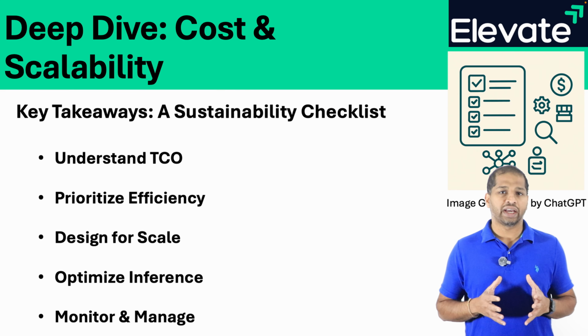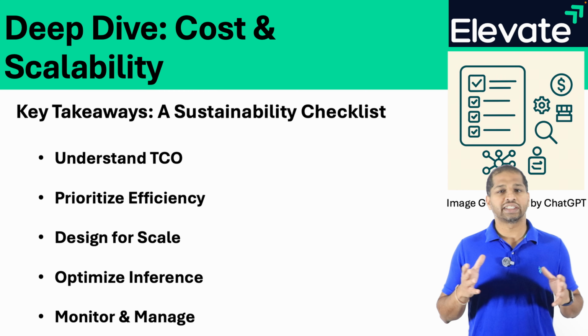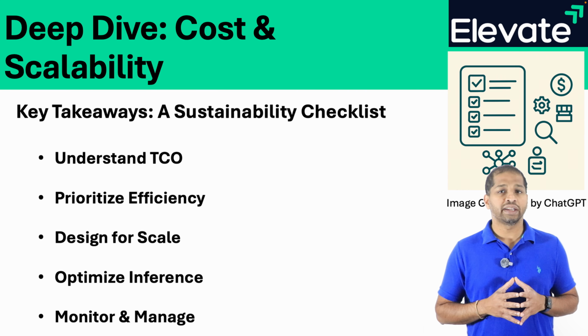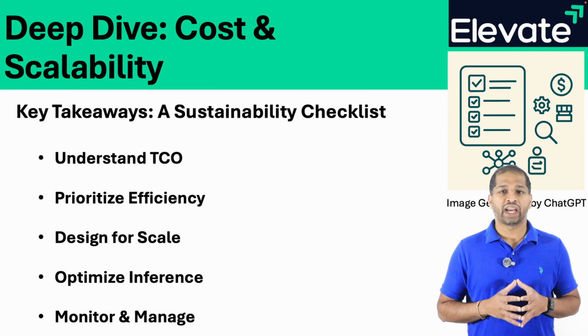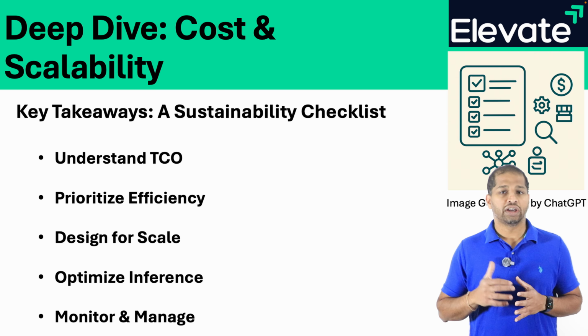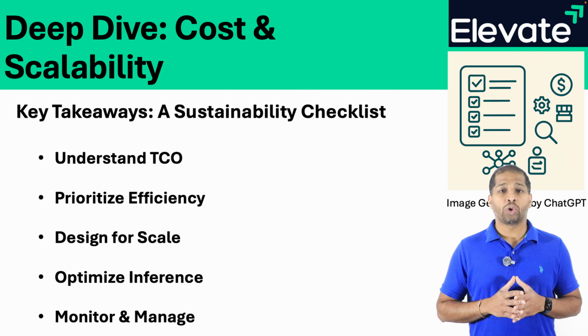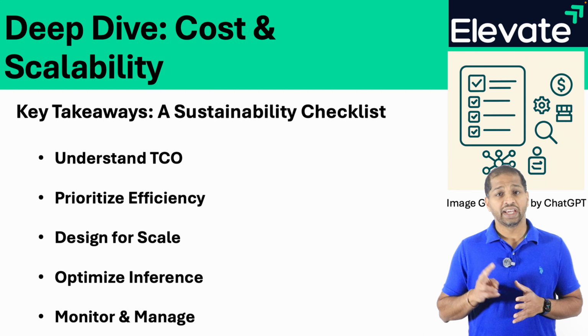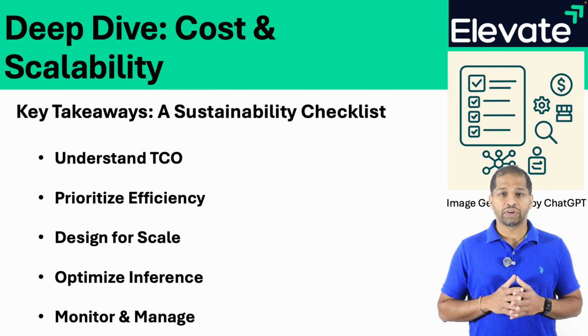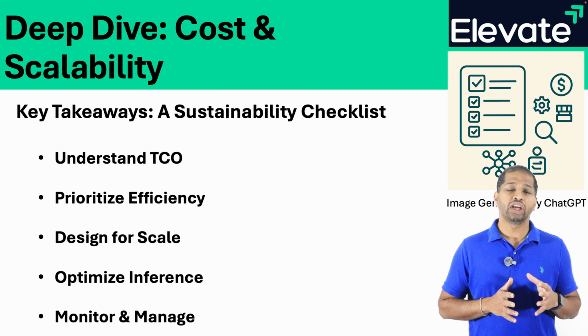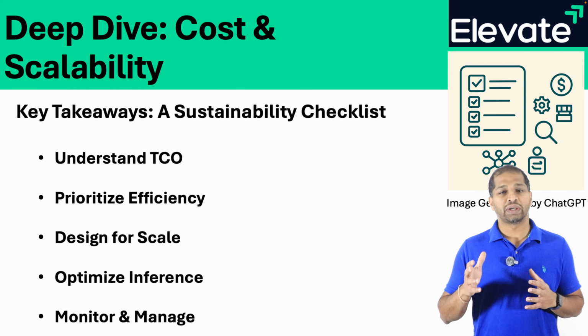To quickly summarize our deep dive into cost and scalability, here is a sustainability checklist for your Gen AI applications. First, always understand the total cost of ownership, looking beyond just the visible API or compute fees. Second, prioritize efficiency by considering smaller, optimized models for your specific tasks.